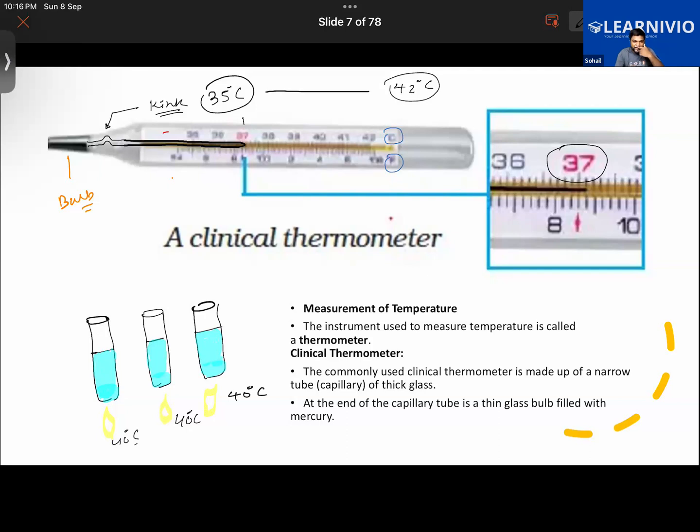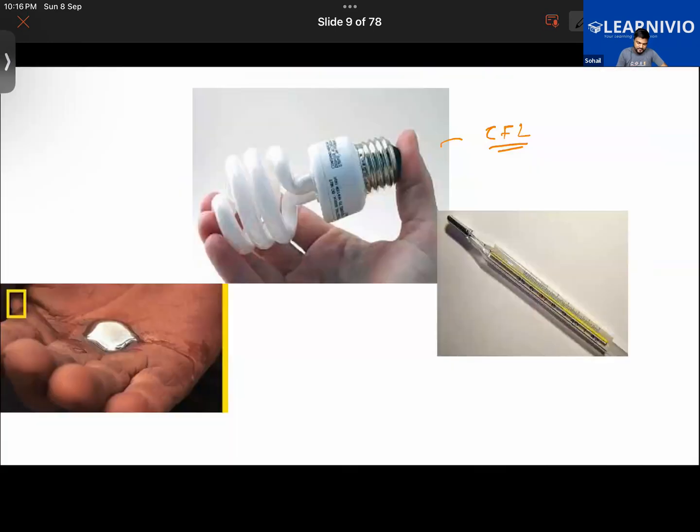Since its range is very concise, it has a very small range of temperature which it can measure, only between 35 to 42, which is not suitable for measuring the temperature of chemicals or solutions in a lab. That could be very hot and that could be very cold.